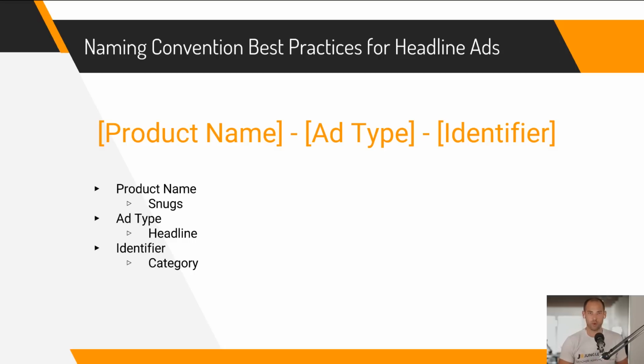Down the road, if you have 20 products, it's like, I don't know which product that is anymore. So it's best to get in this practice early on. I would recommend your product name, the ad type, which for this is going to be headline, and then the identifier, which for us would be something like baby or toddler or organic or beach towel or whatever else.